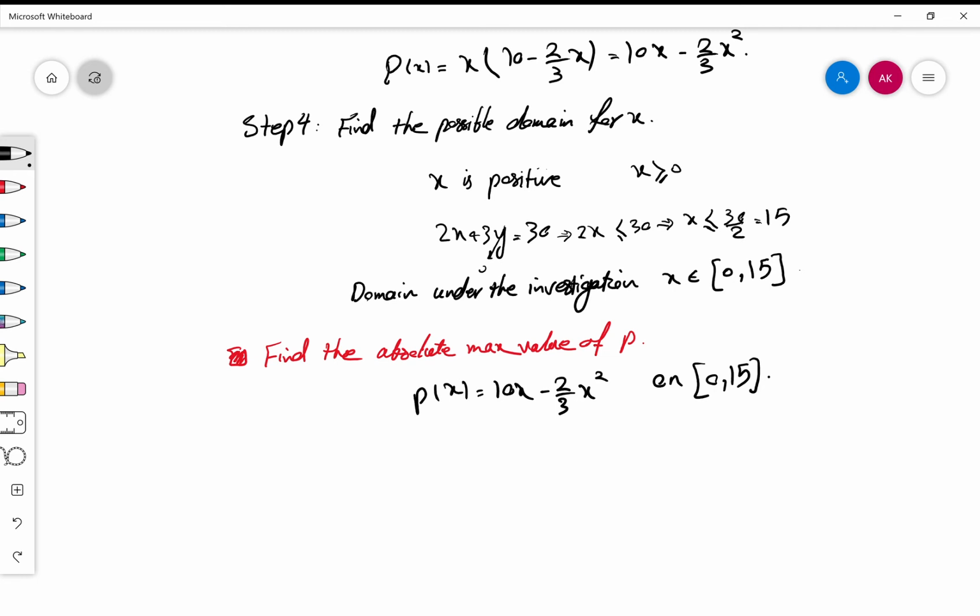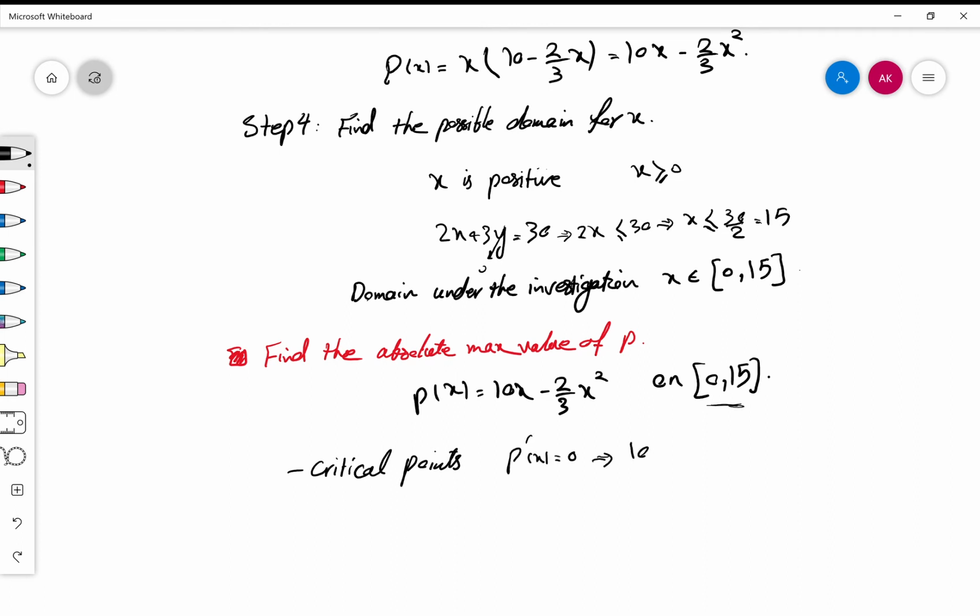We have a continuous function on a closed interval, so we need to find critical points. We find p prime of x equal to 0.